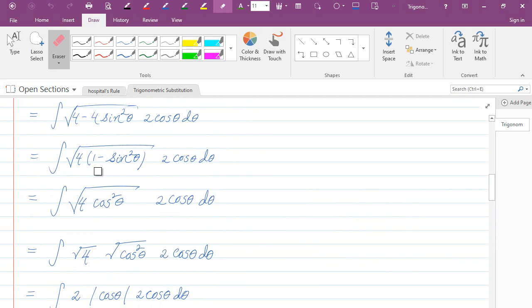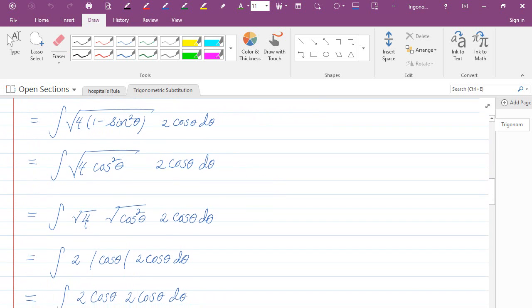And recall that I said we have to use an identity: 1 minus sine squared of theta is the same as cosine squared of theta. And so we get root of 4 times root of cosine squared of theta times 2 cosine theta d theta.